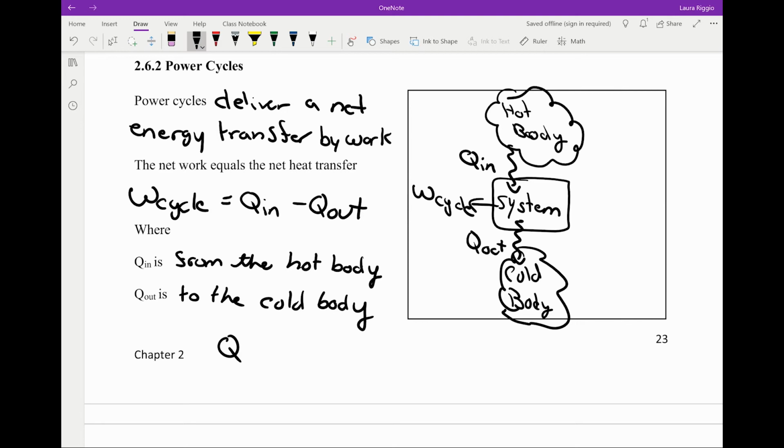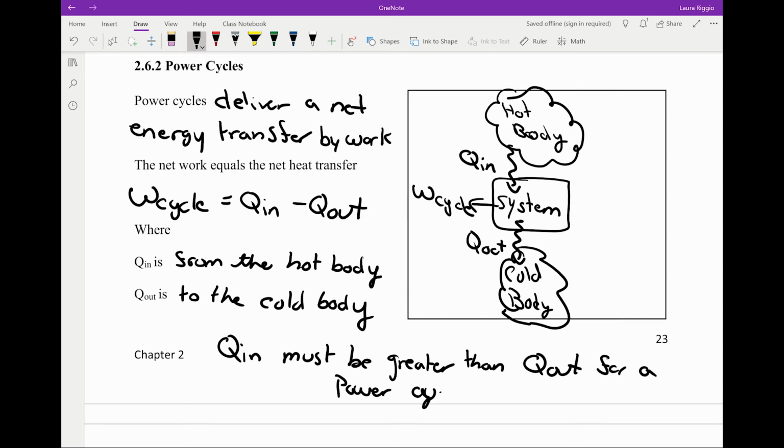In order for W cycle to be positive, Q in must be greater than Q out. Otherwise, you're not going to get a positive net work out, and you do not have a power cycle.